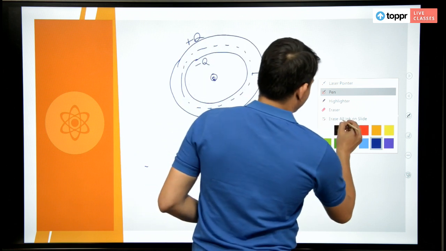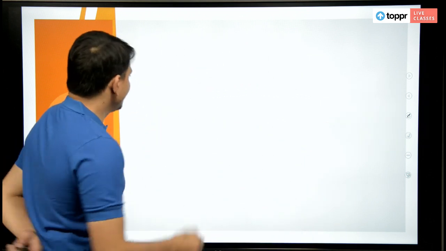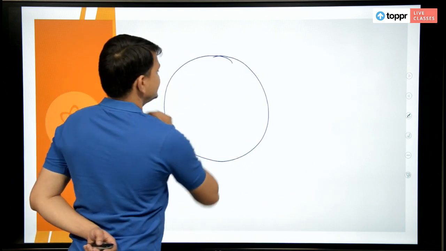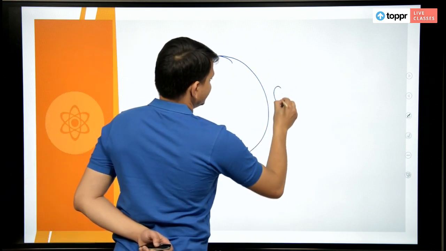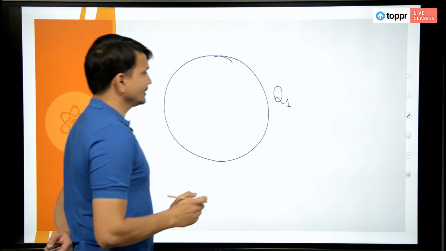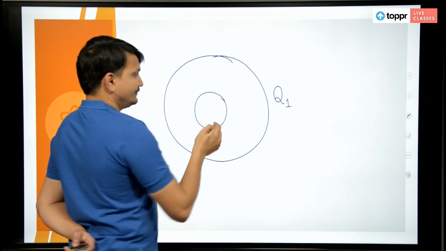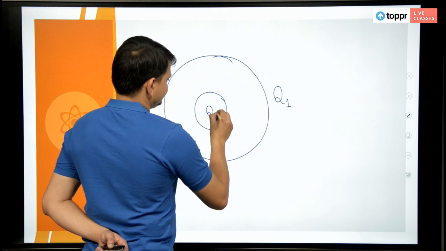So, let's say there is a spherical shell which has a charge Q1 and another spherical body which is given a charge Q2.